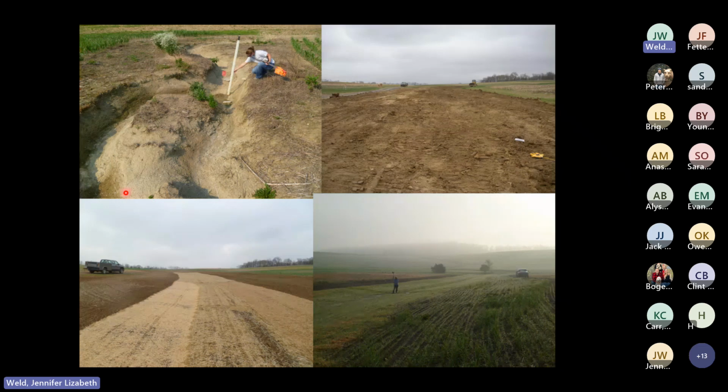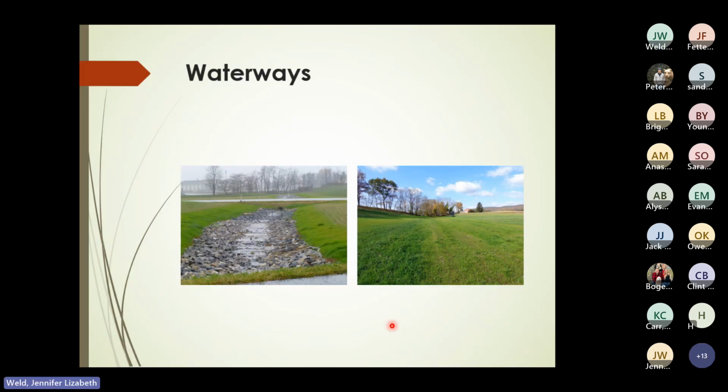So these are just some examples of installing a grass waterway, and also what the grass waterway may look like when it's finished, after the geotextile has been laid down and this gully has been graded. So we have a gully in the upper left. We've graded that in the upper right. We've installed the geotextile to support or stabilize the grass waterway. And then here in the bottom right, we have the grass waterway installed.